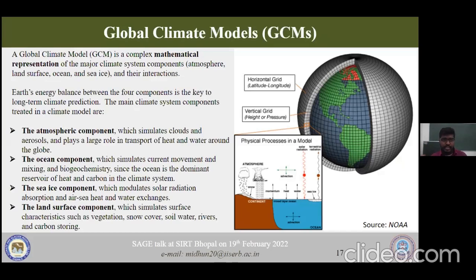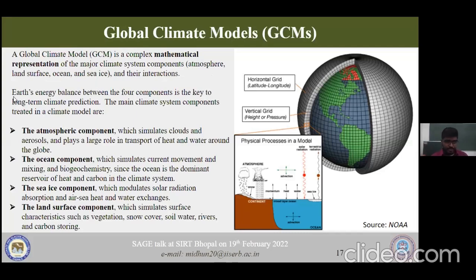So basically, a global climate model is a complex mathematical representation of the major climate components. The primary component is of course the atmosphere. And of course the atmosphere is not a standalone layer, right? It is influenced by the ocean, where it comes in contact with the ocean. It is influenced by the land surface. It is influenced by the sea ice, especially at the poles.